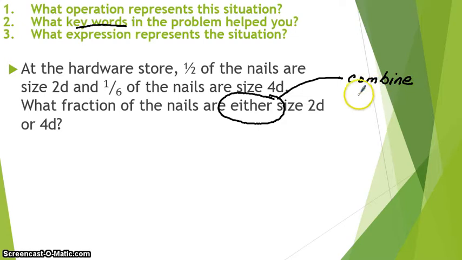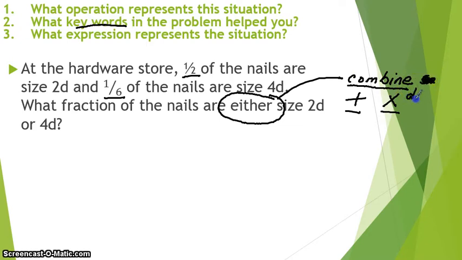What operation means to combine? There are two: addition and multiplication. Combining two different sized amounts is addition. Combining the same size would be multiplication. Are our amounts of nails the same or different? They're different.